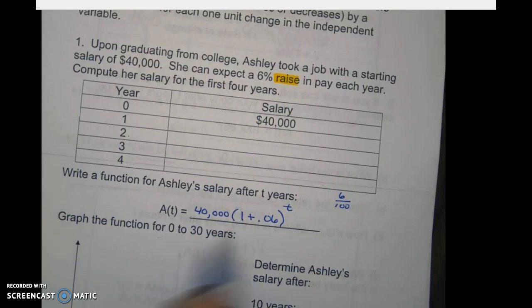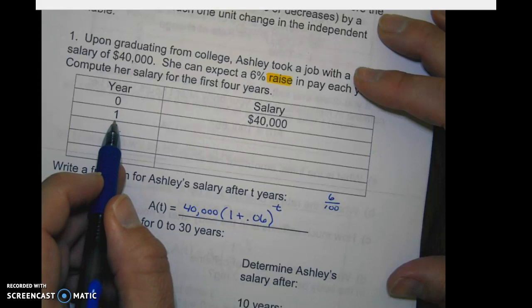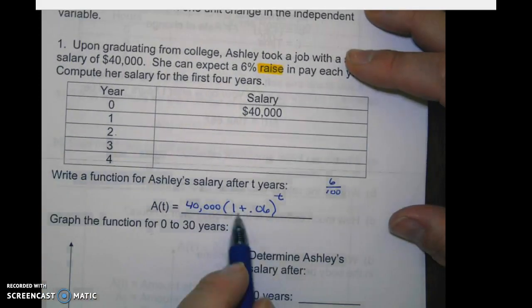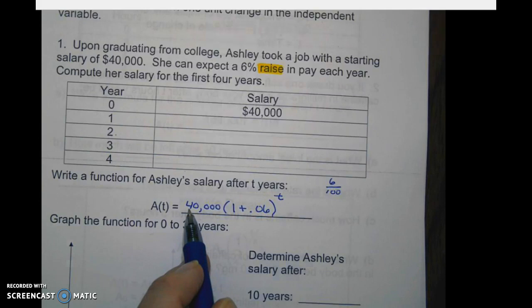Okay, so the next one, we're going to plug a 1 in here. So 1.06 to the first power is 1.06 times 40,000. So grabbing our calculator here.